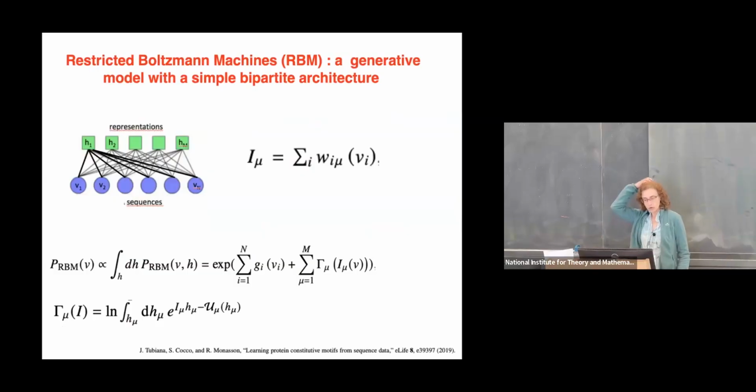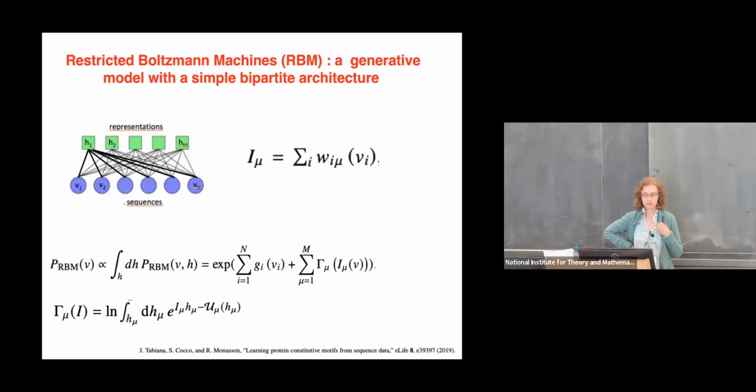Okay, so we have worked a lot on Boltzmann machines in general, but here I will just focus on the restricted Boltzmann machine. Remy introduced it yesterday, but basically they are very simple two-layer networks.